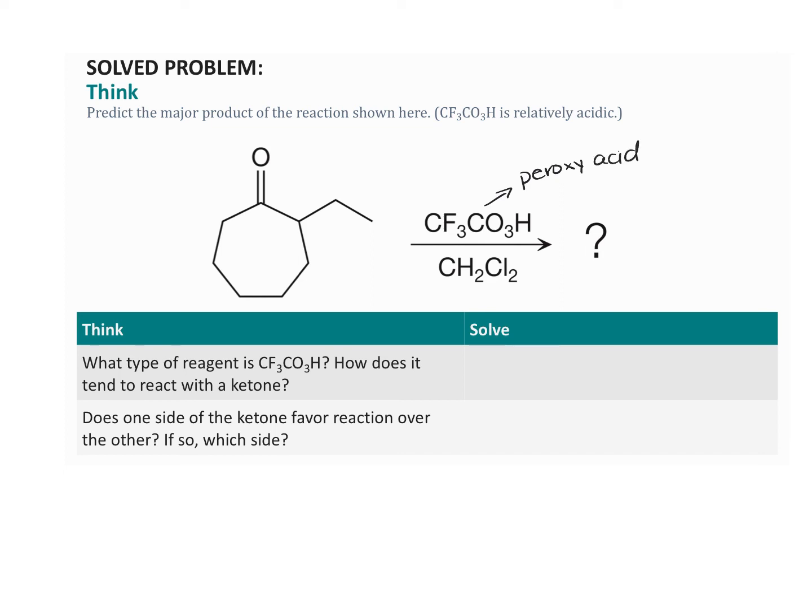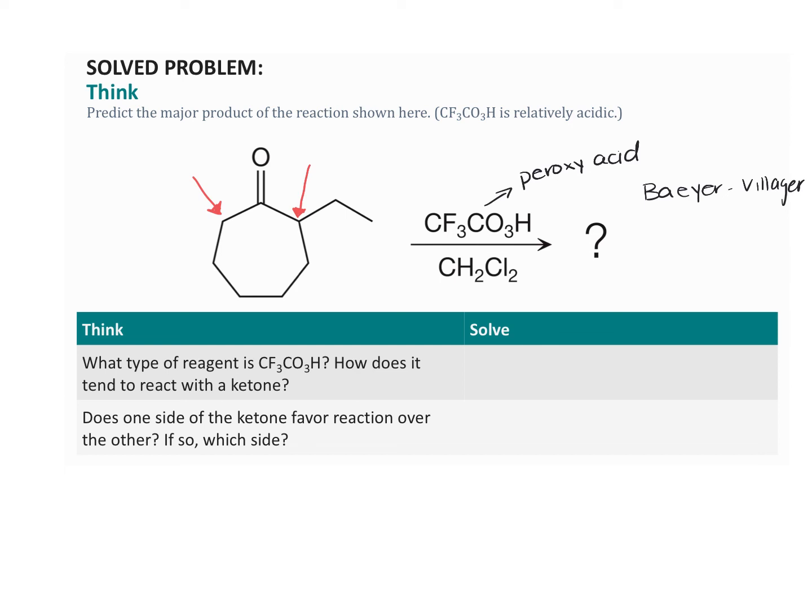If you've got a peroxy acid and a ketone, that should indicate to you, hey, this is a Baeyer-Villiger reaction, and we are going to have an oxygen from the peroxy acid inserted between the carbonyl carbon and one of the groups bonded to the carbonyl carbon. So it's either going to insert itself here or it's going to come over and insert itself right over there. And so the question is, which one?